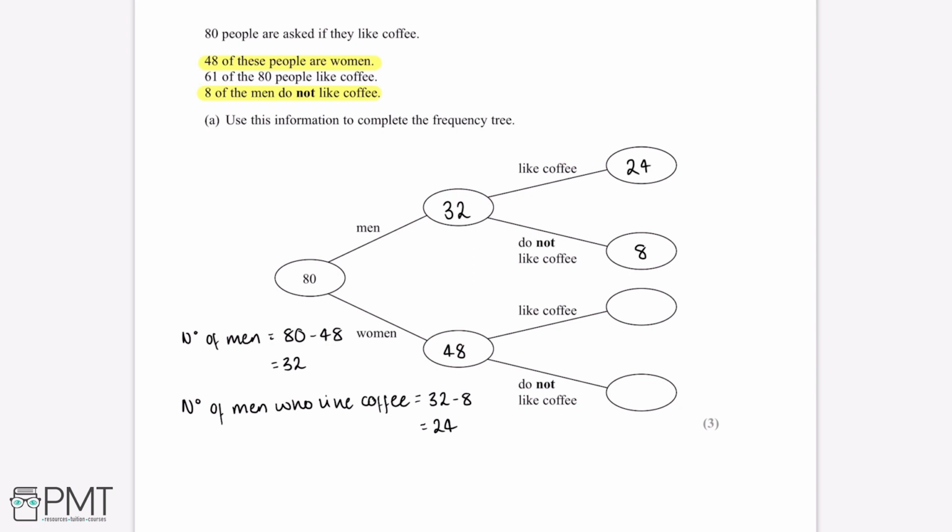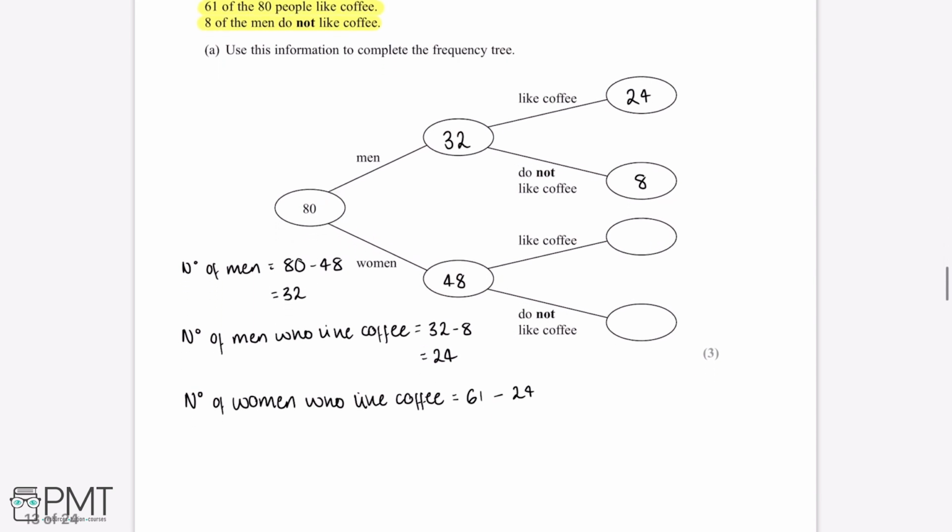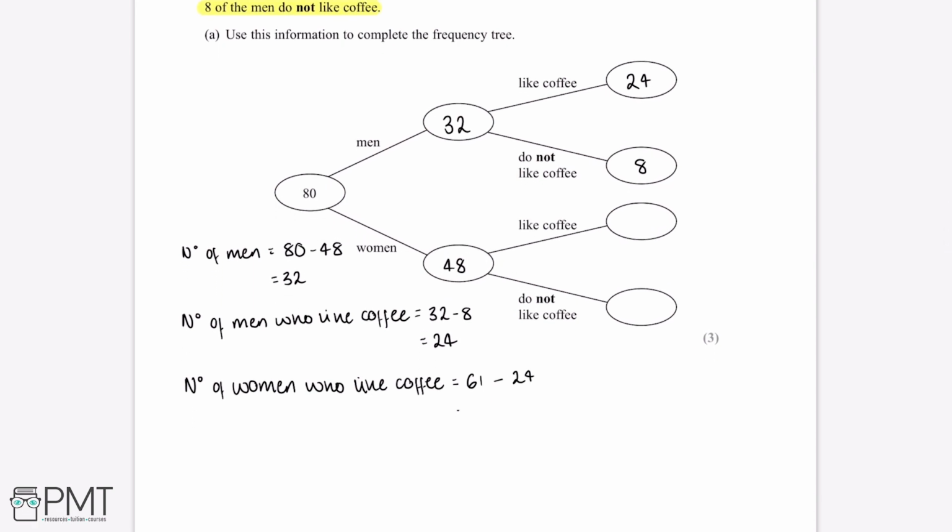So the next piece of information we can use from the question is that 61 out of 80 people like coffee. So we worked out that 24 of the men like coffee. So this means the number of women who like coffee is 61 minus 24, which gives us an answer of 37.